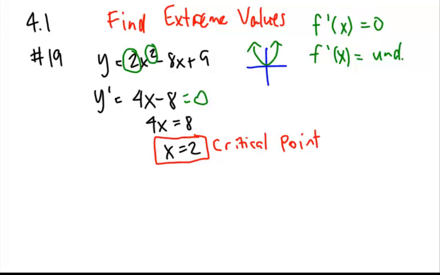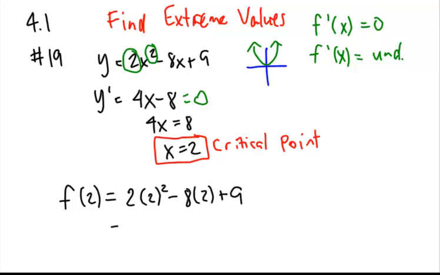So if I look at f of 2, that would be 2 times 2 squared minus 8 times 2 plus 9. This is going to be 8 minus 16 plus 9, which is 1. So at the point 2, 1, then I have a max or a min.